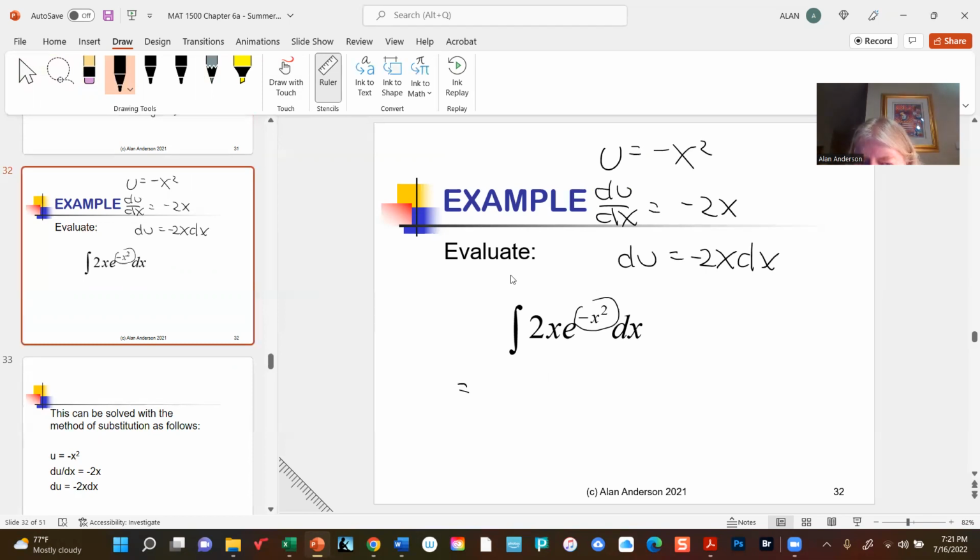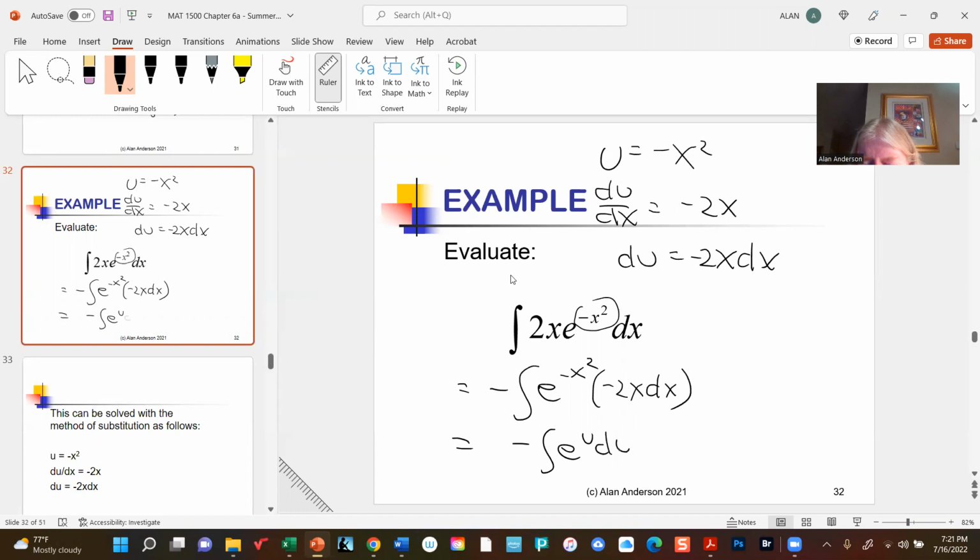So let's do this. And while we're at it, let's rearrange it a little. So there we go. We have minus integral e to the u du. And that's it, we're done.